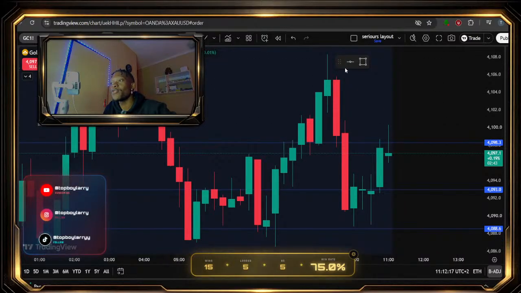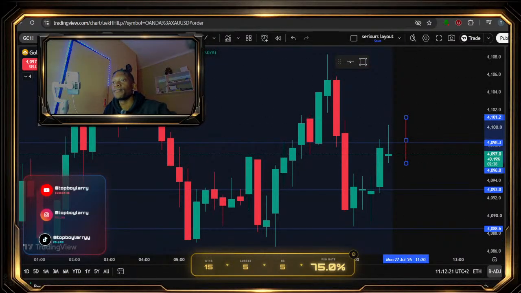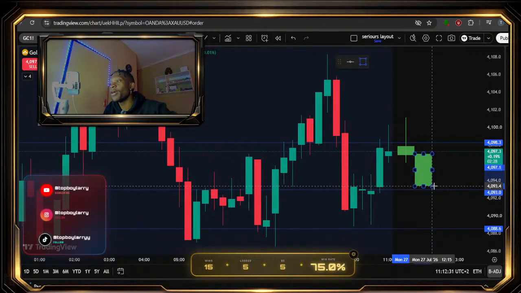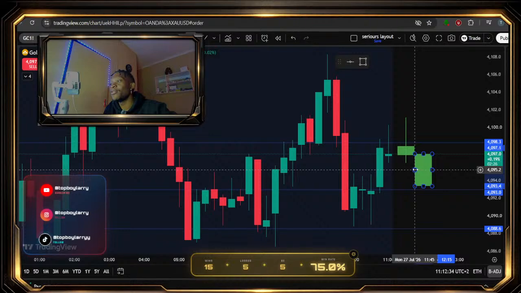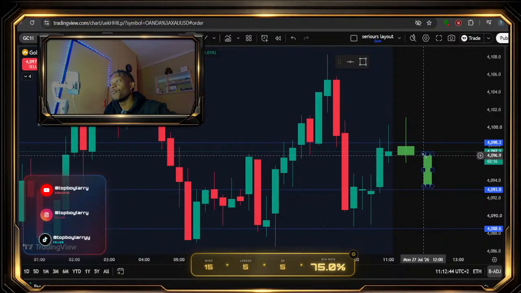If we do get a possible closure like this, let me just draw it out quickly, then only then maybe the sales might be valid to keep on moving lower, to see price do something like this. That is pretty much going to be my trade, if we get a closure like this.